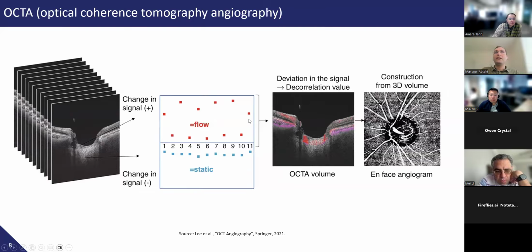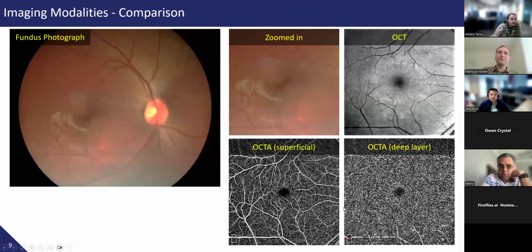Mostly in the vessels we have the red blood cells, and sometimes there is a red blood cell in the area, but other times it doesn't exist. Because of this, we have some variations in the signal, and it shows that there is a flow in that area. Okay, makes sense. Thank you.